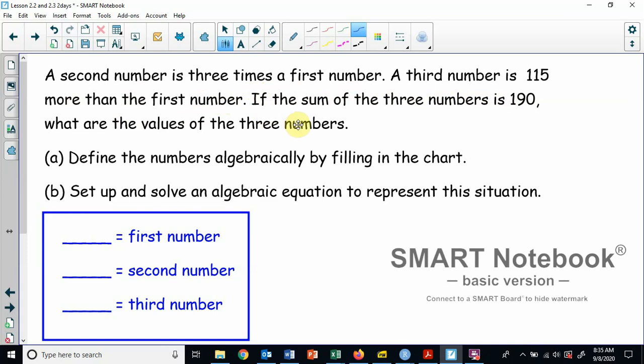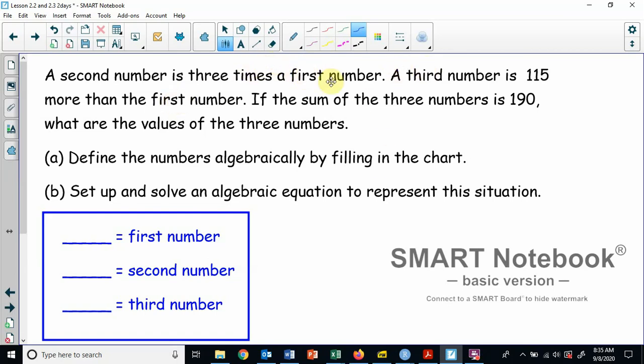So when we have one like this, it's not really the same as the other word problems we're going to do, because they're asking us for 3 things. So we're going to want to try to base this off of one number. But if you look at it, we get a description of the second number and the third number based off of the first number.